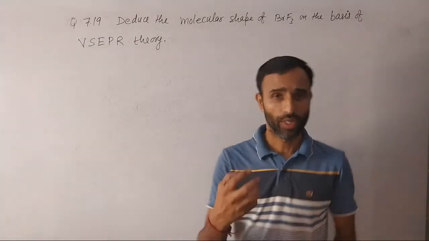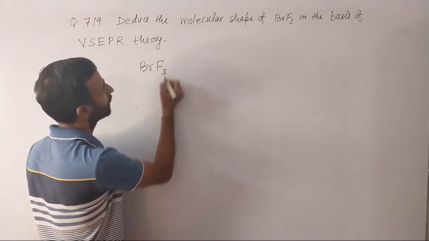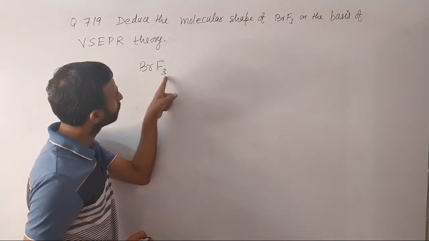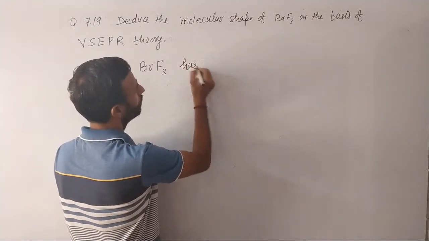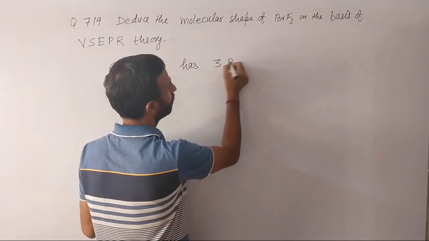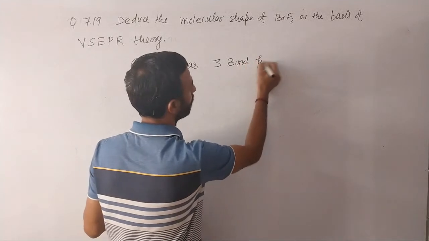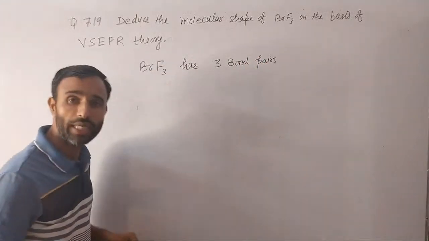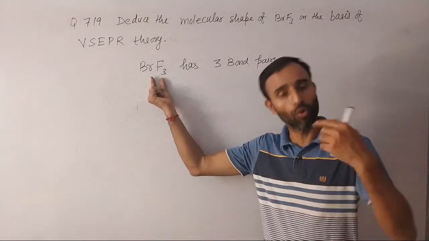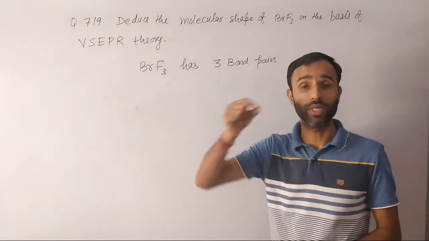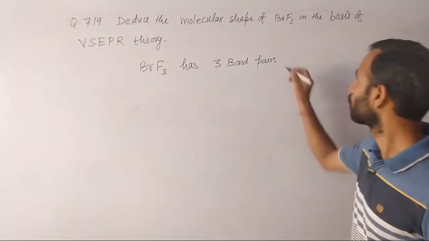So in BrF3, when we apply VSEPR theory, 3 fluorines are attached to bromine. So BrF3 has 3 bond pairs. Now each fluorine can share 1 electron, so 3 electrons of bromine are shared, and you know bromine has total 7 valence electrons. Every halogen has 7.